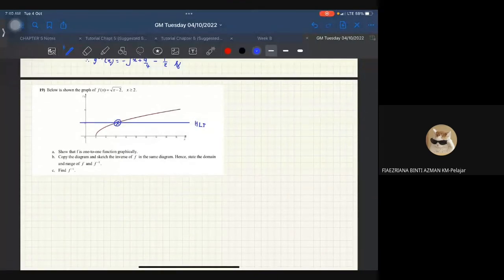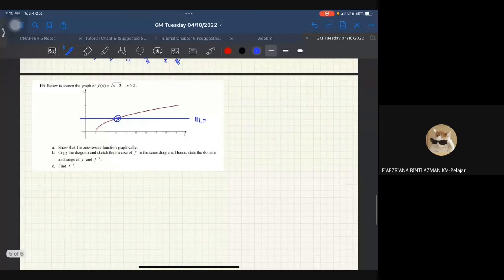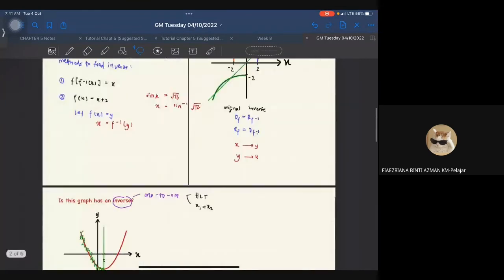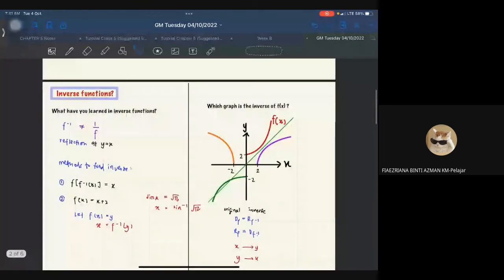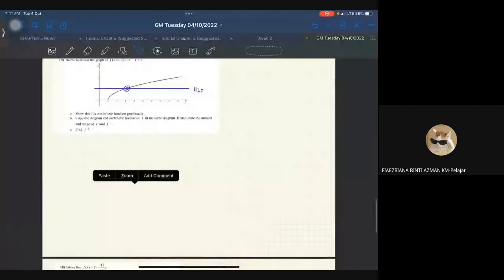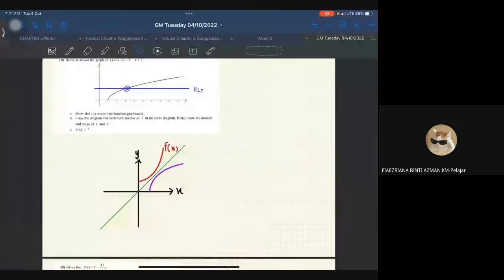Okay, and then for part B, soalan minta kita copy the diagram and sketch the inverse of f in the same diagram. Okay, so this one saya dah bagi example dia pada sini. Saya copy balik this one, and then saya just put it here. Okay, so saya pandangkan sikit this one kalau ikut soalan.